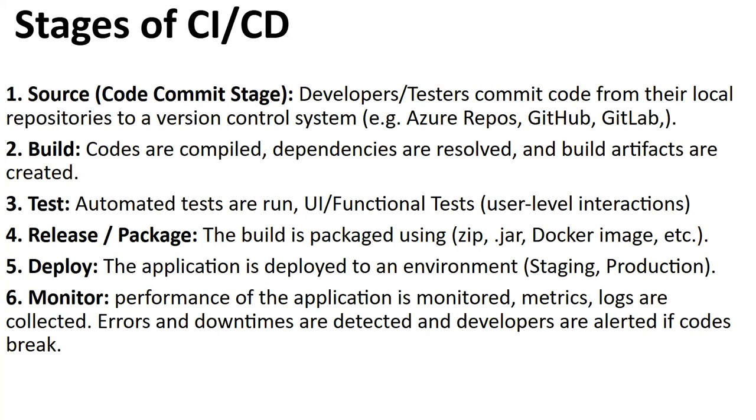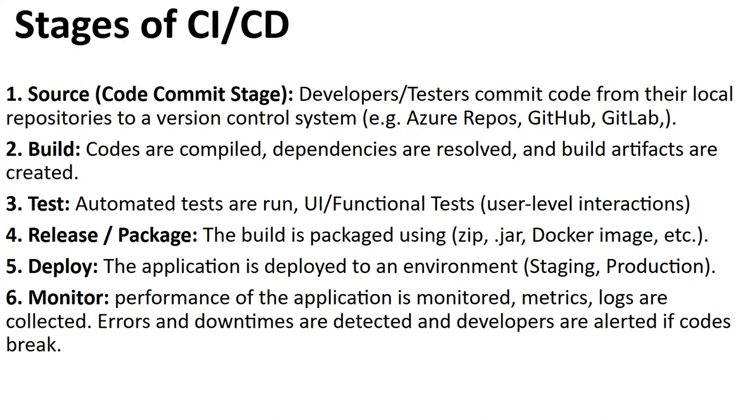And also, then we have the release pipeline. So this deploys the app. For example, for a web server, this is used to build the package using zip, .jar, Docker image, etc. And then we have the deploy stage as well.